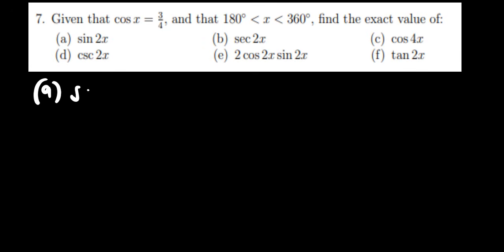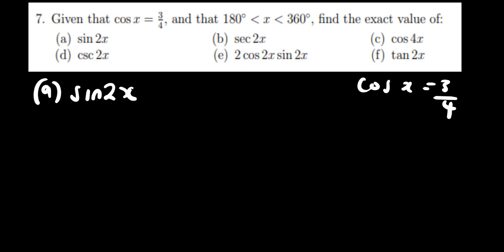We are finding sin 2x. They've only given us cos x, and they're saying cos x is equal to 3 over 4.